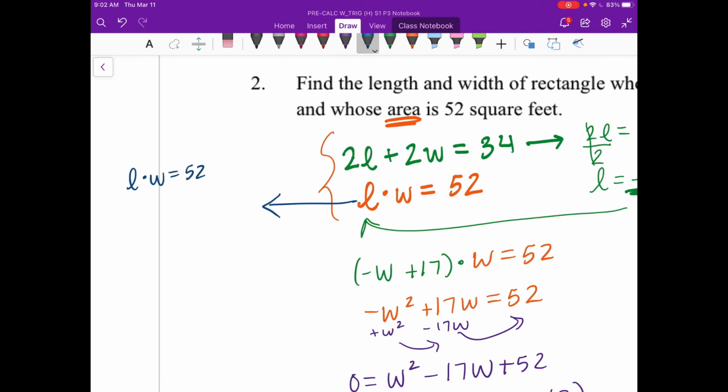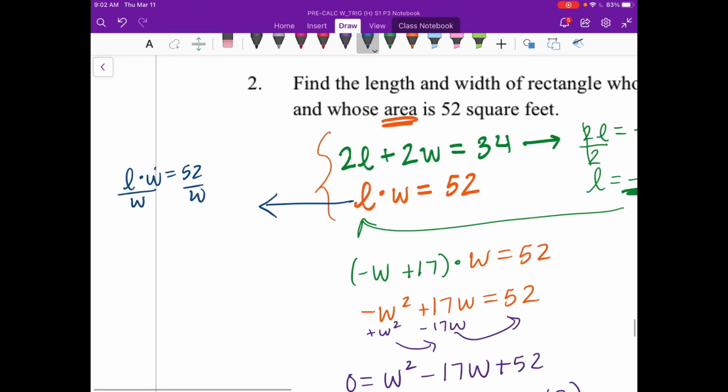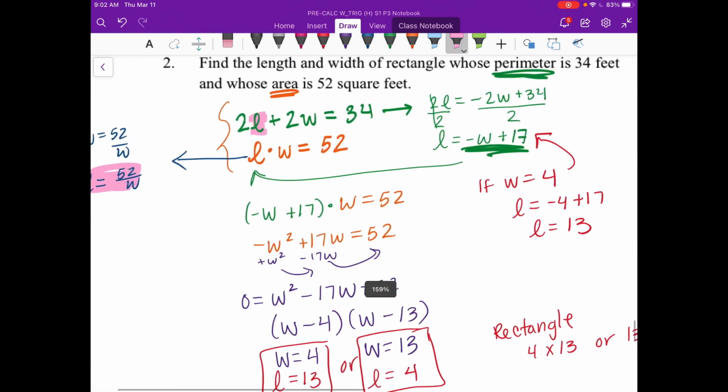And if you wanted to solve for L, let's say, you would divide out the W. So L is 52 over W, which just means that you would take this and substitute it into this equation instead and kind of go through and do the same thing. So that one, totally up to you. I personally don't like that one because it includes a fraction, but if it works for you, we're going to get the same answer. So go for it.